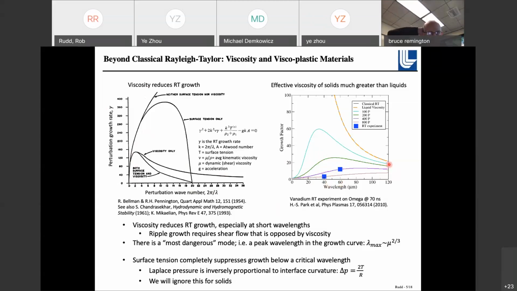And so the classic growth is up at the top. And so, you see this kind of growth that as you go to shorter wavelengths becomes very large. If you just have, say, liquid viscosity, the growth is basically indistinguishable from the classic growth on this plot.